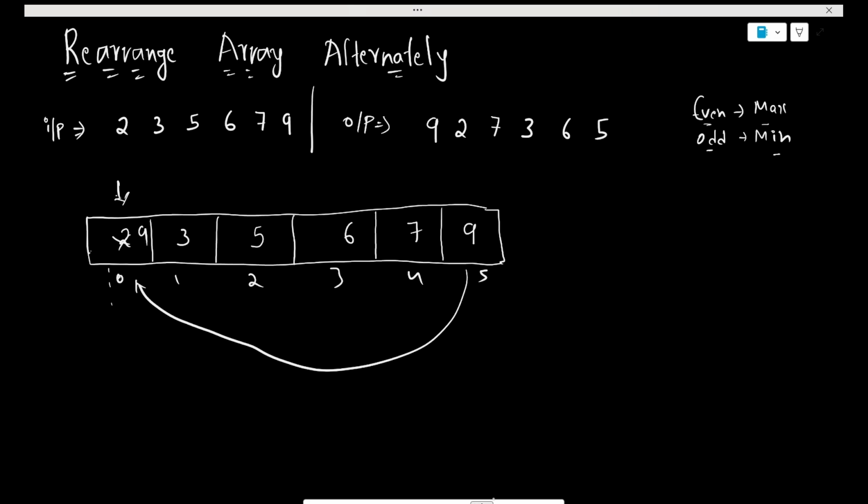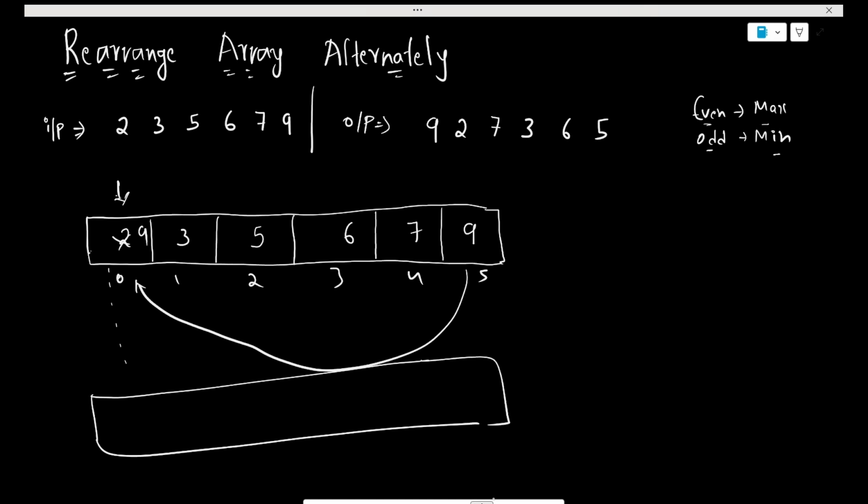So can we do another thing, like, wait. Can we store both 2 and 9 in the same block? No, that too is not possible. So how to overcome this?